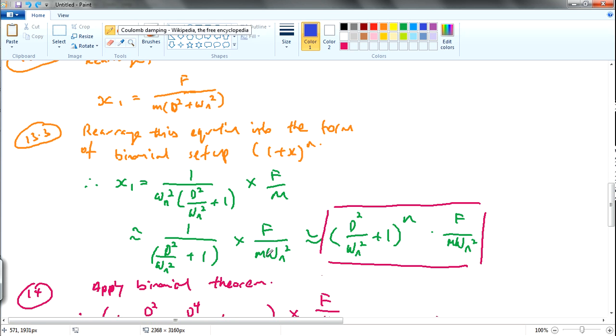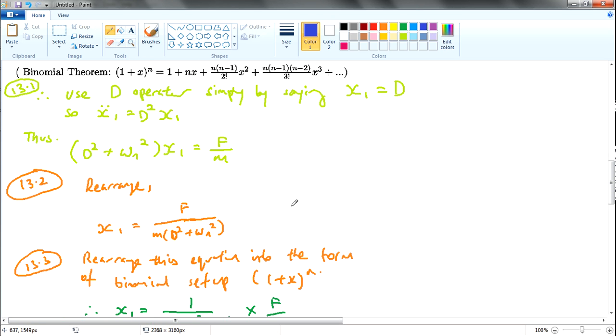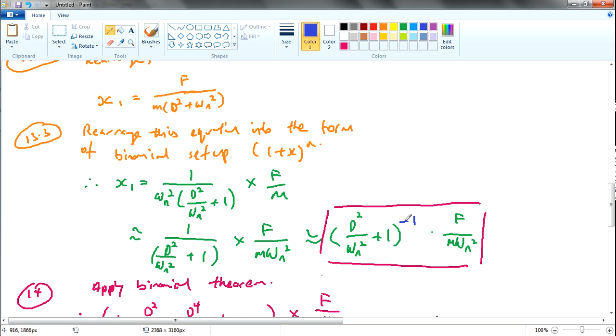Then you flip this over, giving (D² over omega n squared plus 1) to the power of minus 1. As you can see, now we have the binomial theorem in this section: (1 plus x) to the power of n.